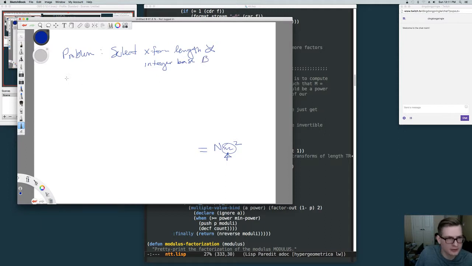For typical number theoretic transforms, L has a constraint. L must equal some power of 2, 2 to the lowercase l. We're going to call the lowercase l the log length, because that's what it is. Furthermore, our base B is probably going to be something close to a word length of our platform.